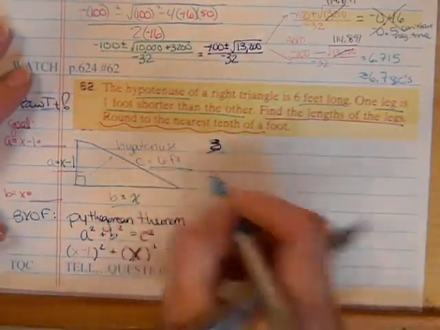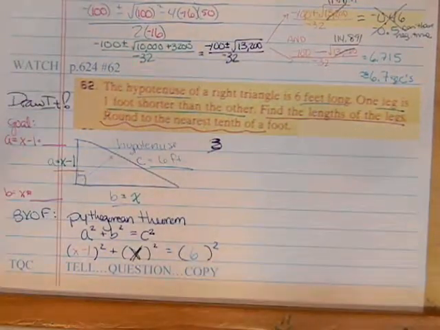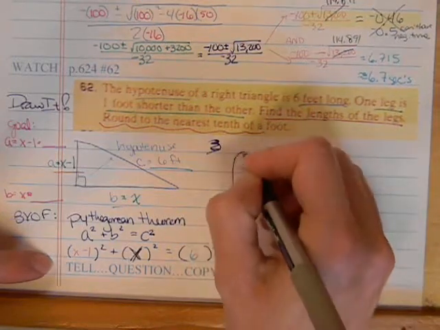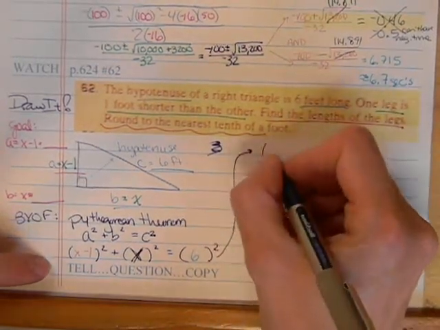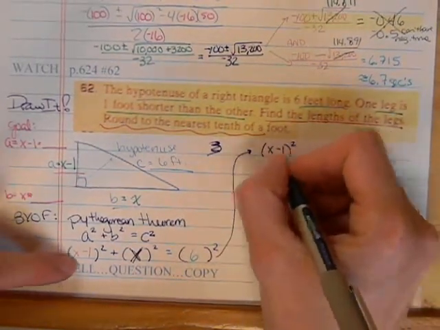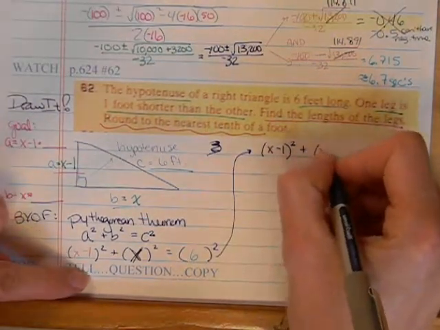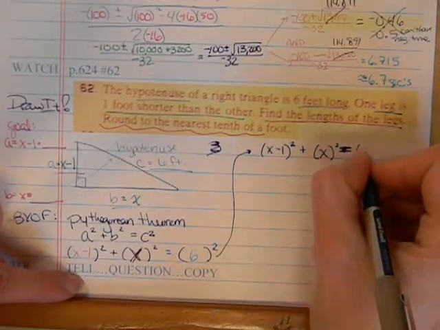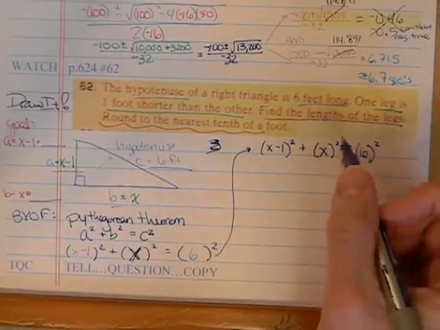And our C is 6 feet. So A squared plus B squared equals C squared is going to look like this: X minus 1 quantity squared, that's our A value, plus X squared equals 6 squared.